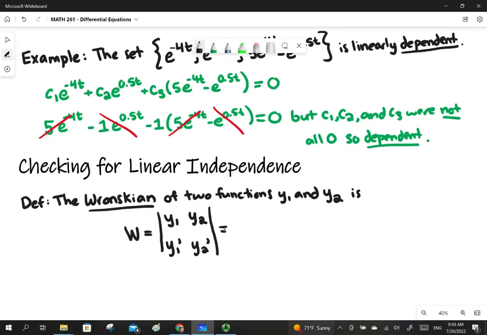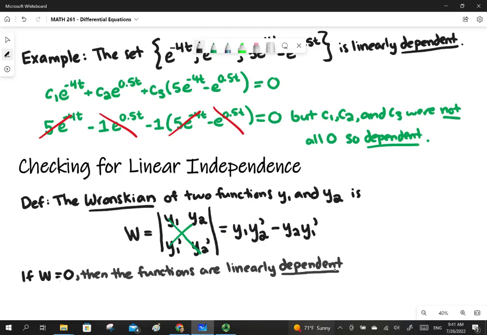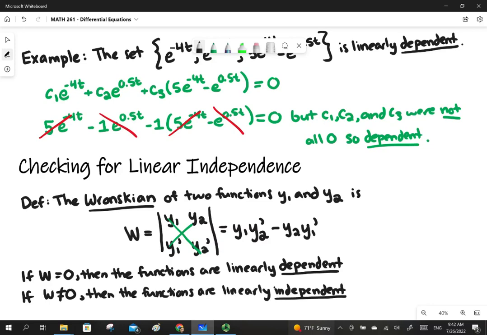And if you haven't taken linear algebra and you're unfamiliar with determinants, this just means we take y1 times y2 prime minus y2 times y1 prime. If the Wronskian is 0, then the functions are linearly dependent. If the Wronskian is not 0, then the functions are linearly independent.